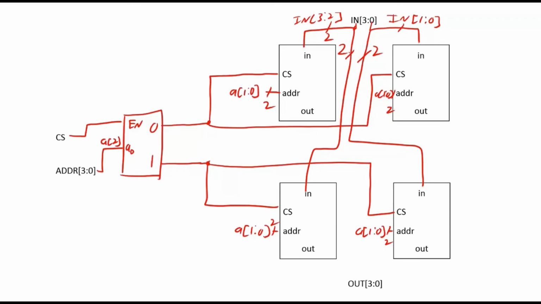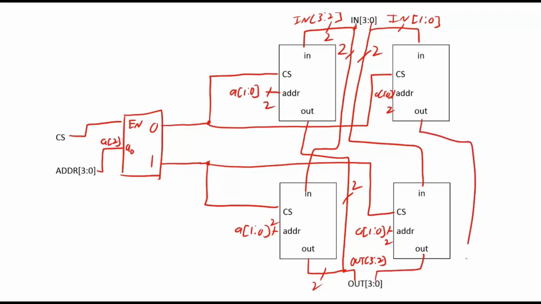Now we just need to connect up our outputs, and depending on whether we use tri-state buffers or multiplexers, we'll need to combine these somehow. I'm going to assume we use tri-state buffers so we can just hook up these wires directly. So we will take this one out, these 2 bits, take this one out, it's also 2 bits, and we're going to combine those to be out, 3 down to 2, and then do the same with these.